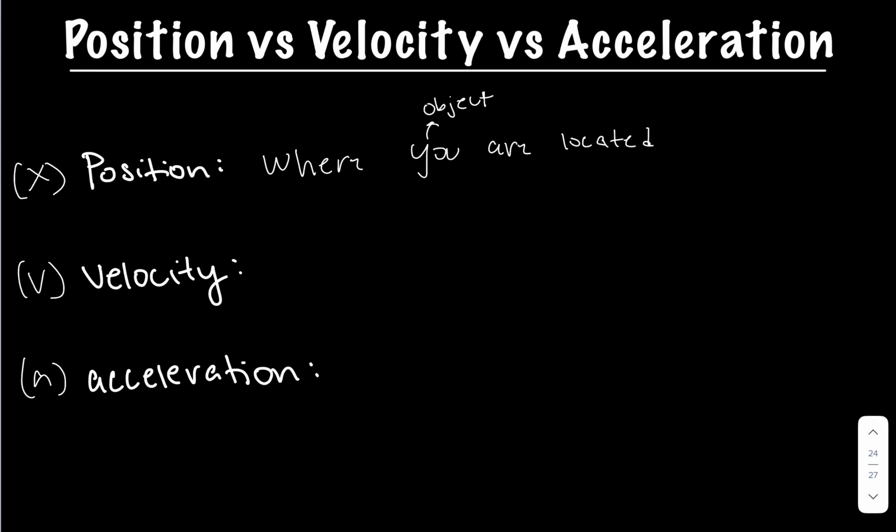So a simple example is if I have a line here, so I have 1, 2, 3, 4, and I have a little person on 2, that person's position is located at 2. So position is usually written with X, which denotes position.